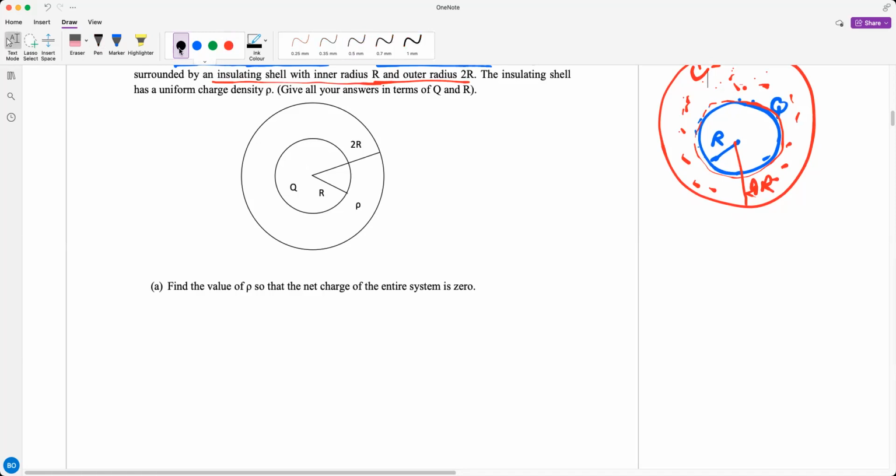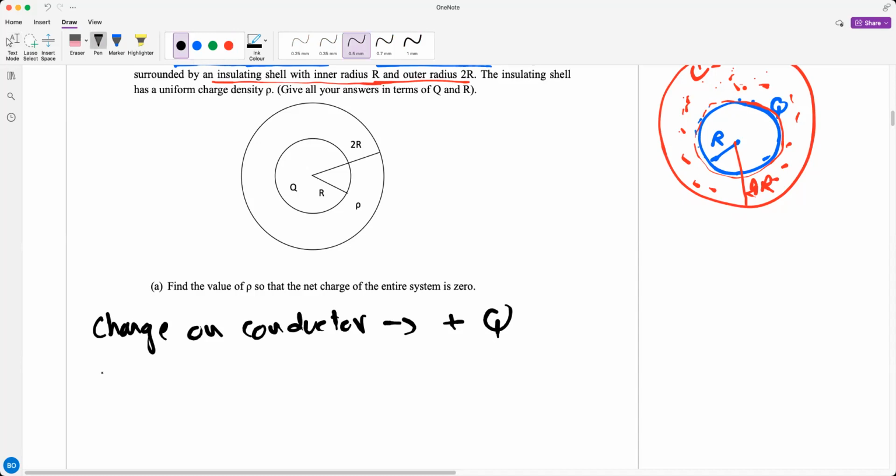Now, I know that the charge on the conductor is positive Q. So what must be the total charge on the shell, on the insulator sphere?